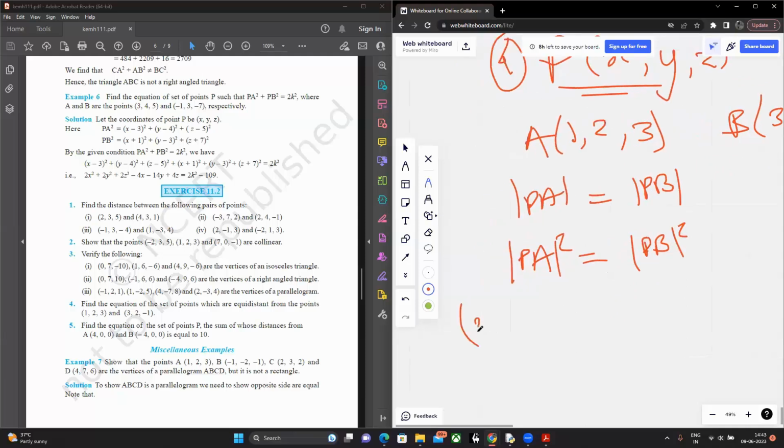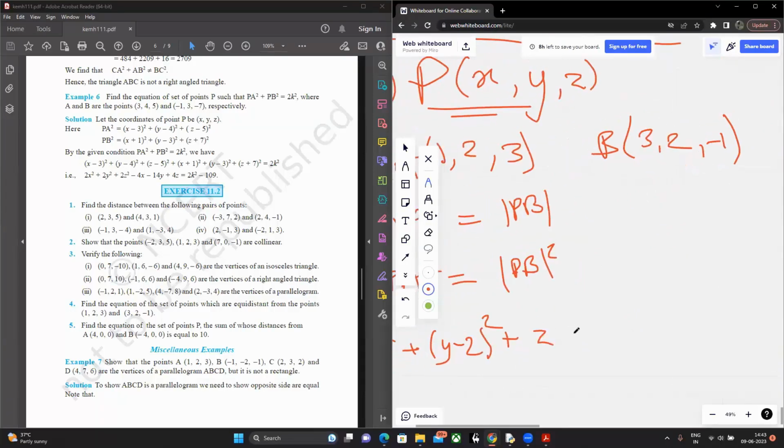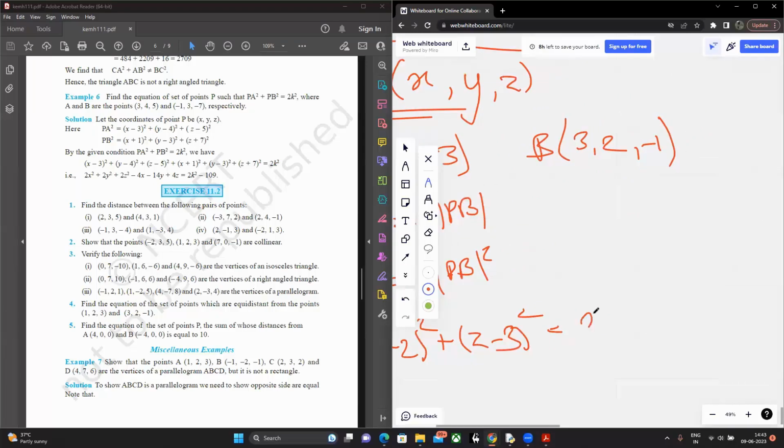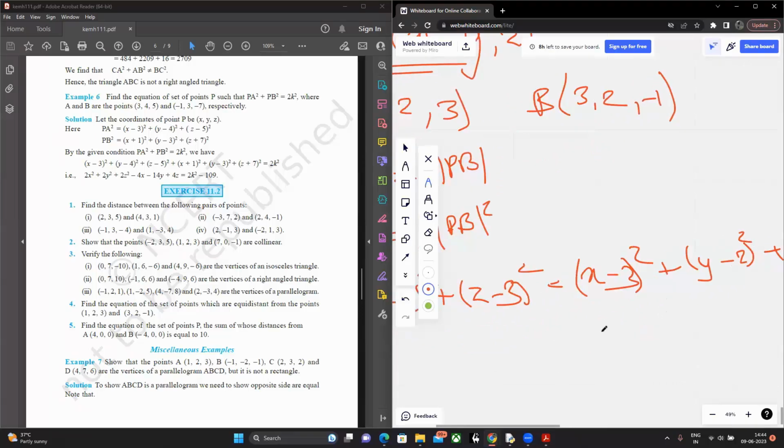Thus you have (x minus 1) the whole square plus (y minus 2) the whole square plus (z minus 3) the whole square is going to be equal to (x minus 3) the whole square plus (y minus 2) the whole square plus (z plus 1) the whole square.